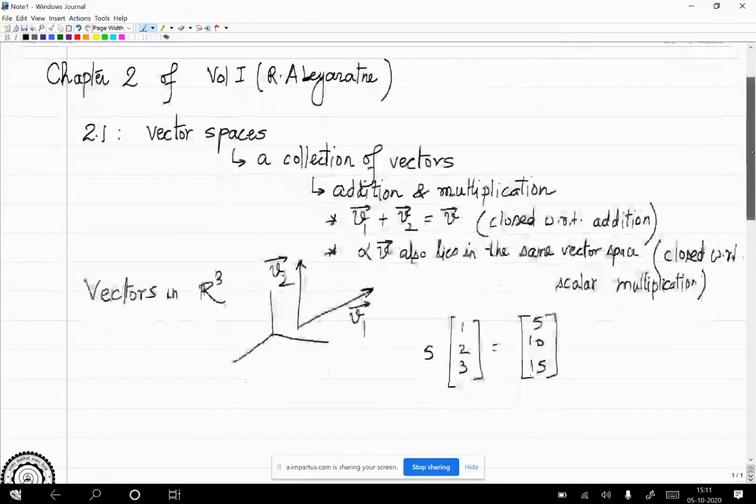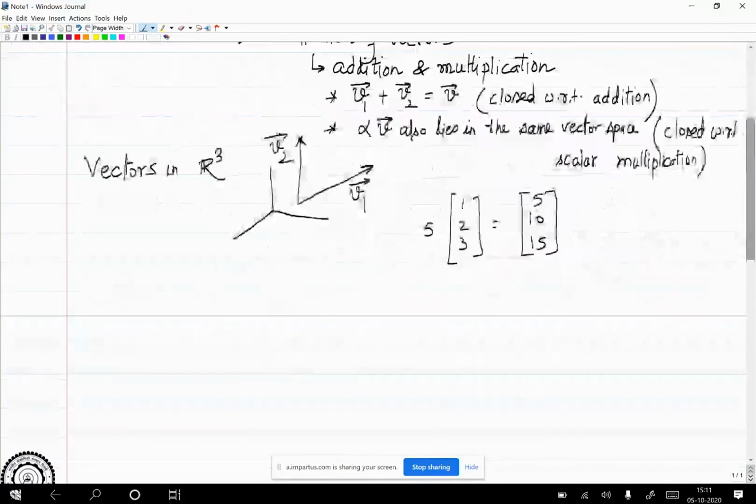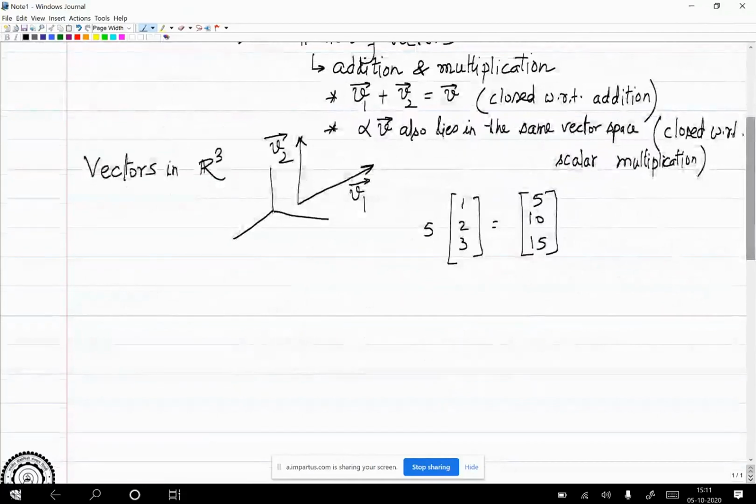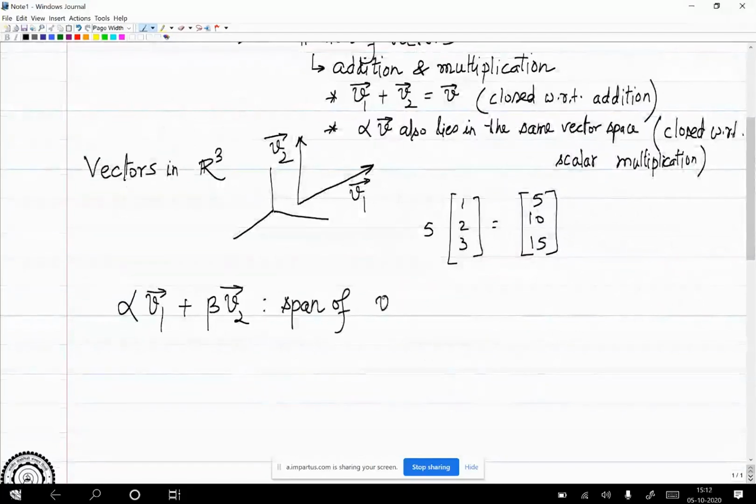What is your name, by the way? Sir, Devjit. Devjit. Okay. So what you are referring to is, let us say you have two vectors v1 and v2, and then when we say alpha times v1 plus beta times v2, so this is called the span, isn't it? Span of v1 and v2.